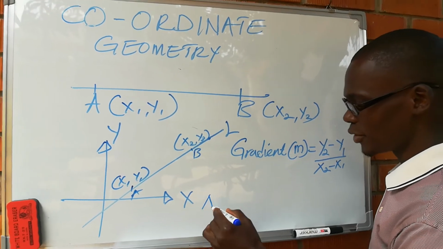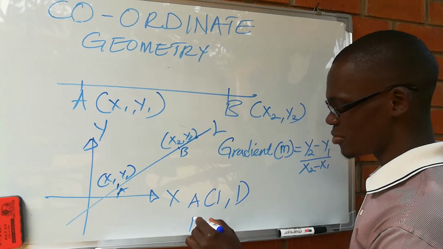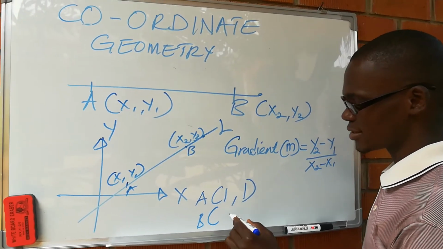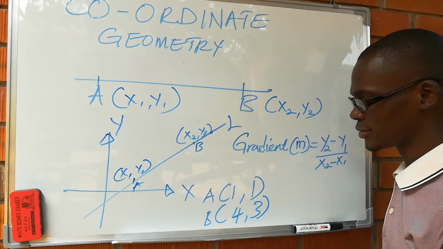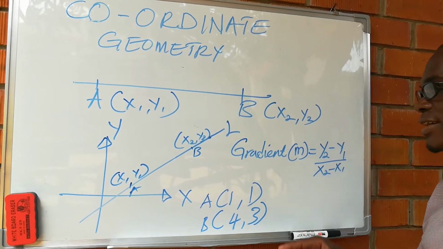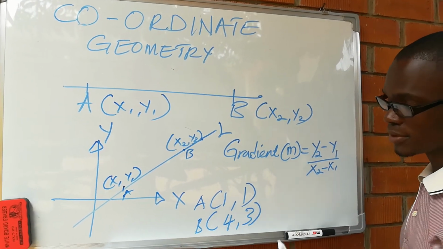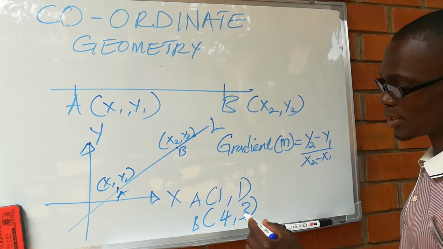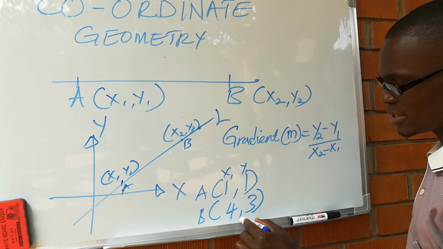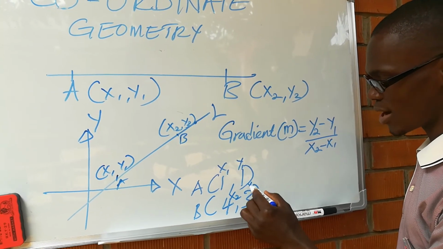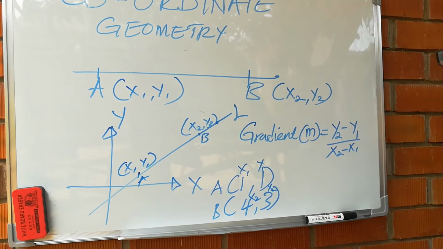Assuming our point A was 1, 1, and maybe point B was, let's assume it was 4, 3. So for us to find the gradient of this line, we shall first of all name these coordinates. We can name this x1, y1, and this x2, y2. Then we substitute in our formula to find the gradient.